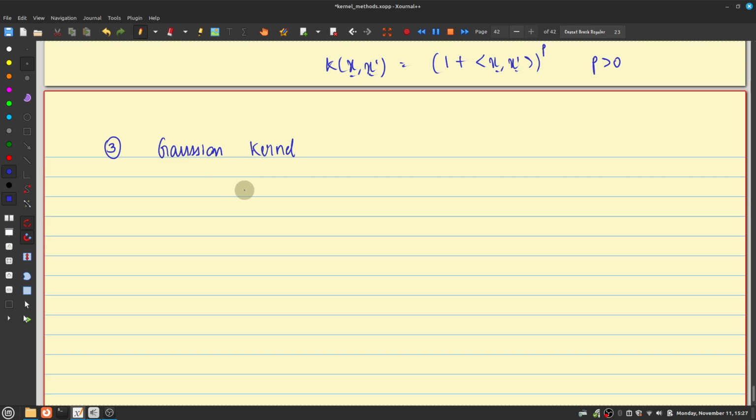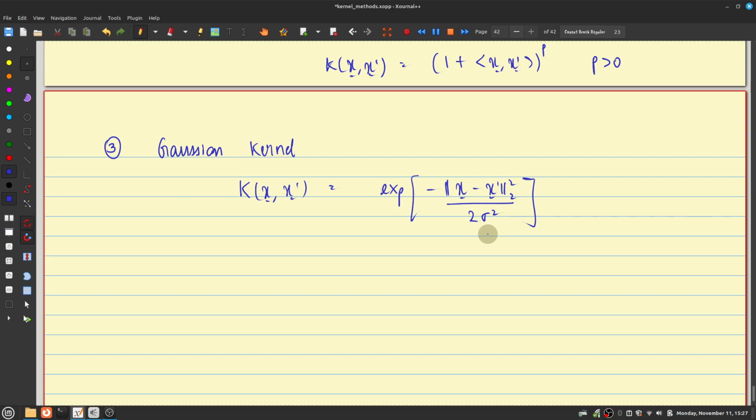That's defined as follows: k of x, x prime is e raised to minus the 2-norm of x minus x prime squared, divided by 2 sigma squared.